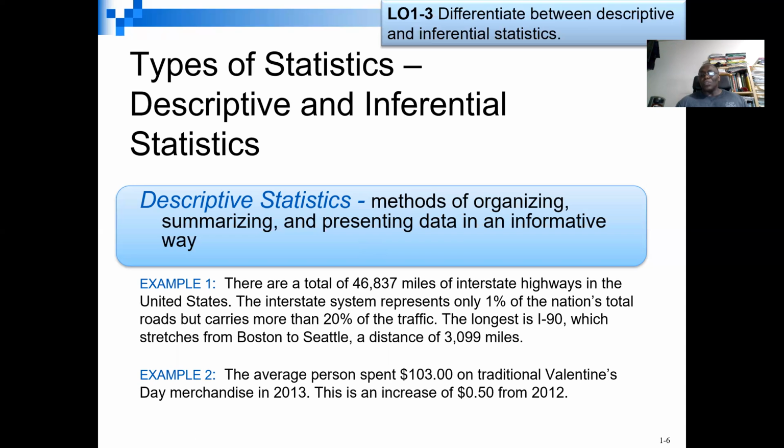For example, if I have 20 employees and all the 20 employees make the same amount of salary, let's say $30,000 a year. If I'm looking for the standard deviation, the answer will be 0. Why? Because there's no variation between all the salaries. All the employees are making the same salary. Now, if they are making different salaries, let's say between 20,000 and 10,000, we will get a specific standard deviation value.